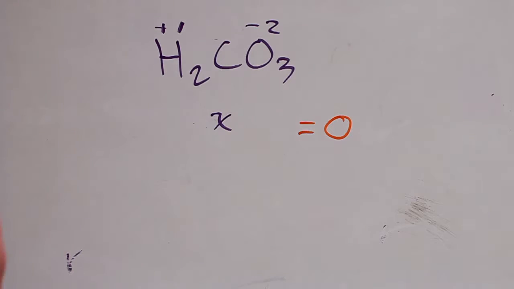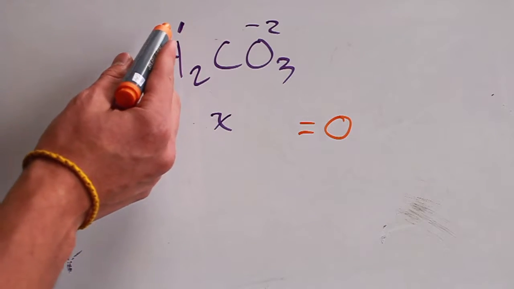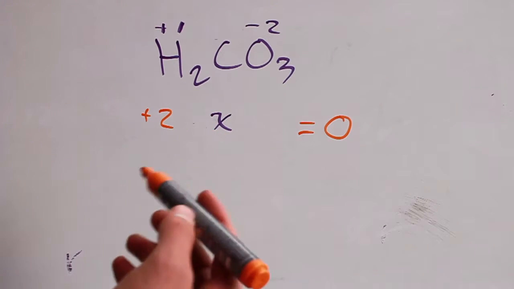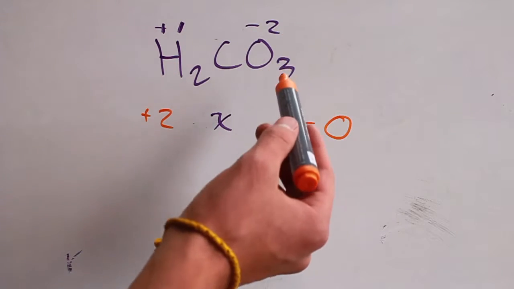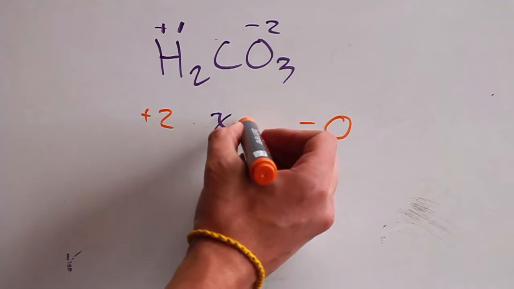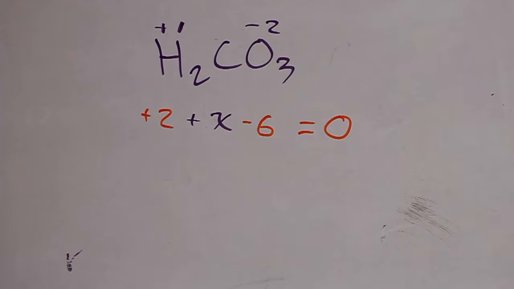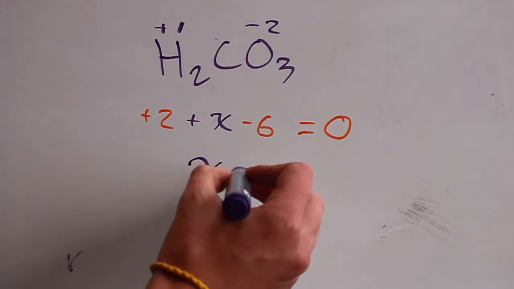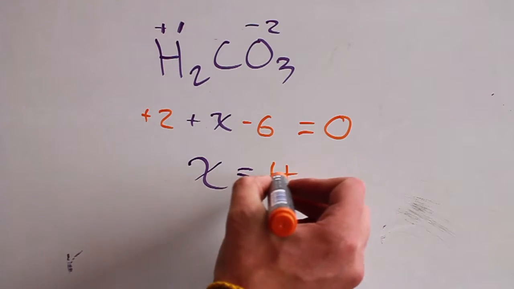Now, because we have two hydrogen atoms, each with an oxidation state of +1, here we write +2. And because each oxygen atom has an oxidation state of -2, and we have 3 oxygen atoms, we subtract 6. If we solve for X, we get that the oxidation state of carbon should be +4.